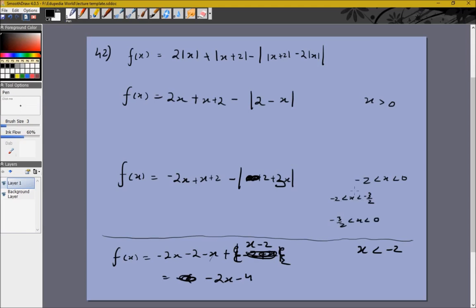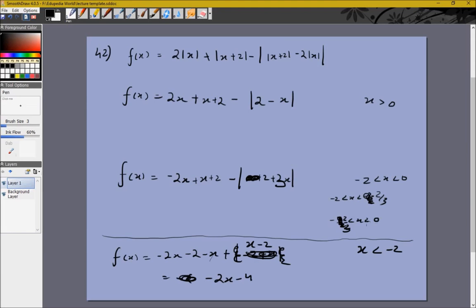But in the other region, this term is actually negative, because x is minus 2 by 3 means 3x is minus 2, so it is 0. If x is between minus 2 and minus 2 by 3, then 3x will be smaller than minus 2, so this term will be negative. So both these cases we'll write.